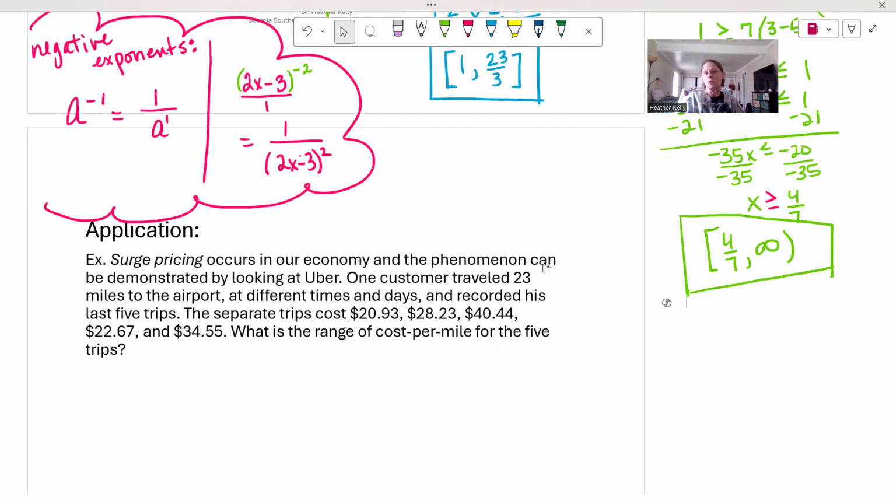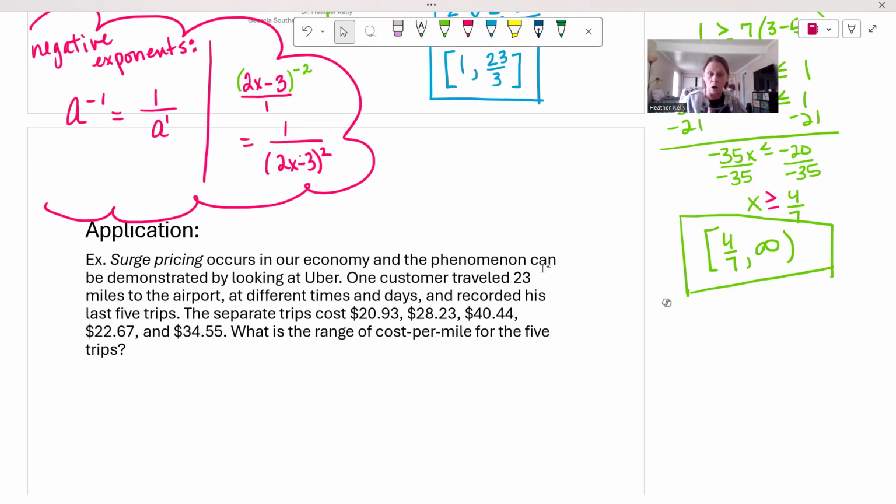Surge pricing. Surge pricing occurs in our economy, and the phenomenon can be demonstrated by looking at Uber. One customer traveled 23 miles to the airport at different times and on different days and recorded his last 5 trips.